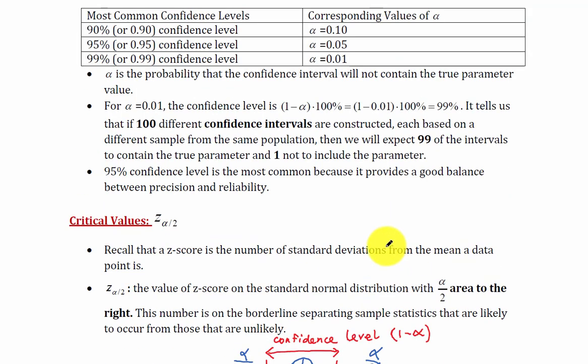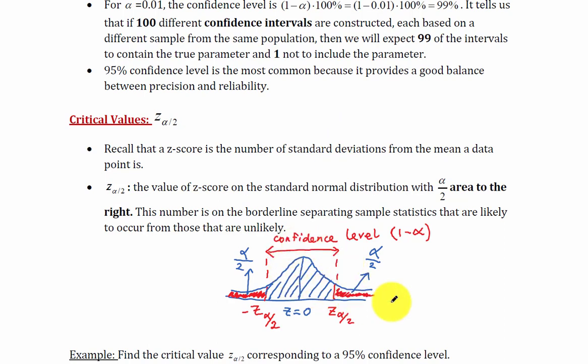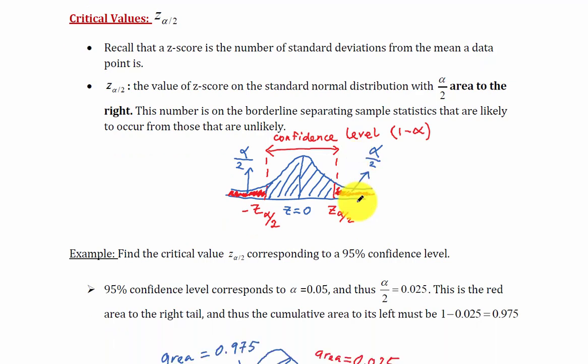That's why we have 1 minus alpha multiplied by 100%. This is the confidence level, the region of the confidence level. The 1 minus alpha means that this half on the right and this half on the left together make up alpha, so this is half of alpha and this is the other half of alpha. And z alpha over 2 is this value right here, the critical value that we are trying to find.